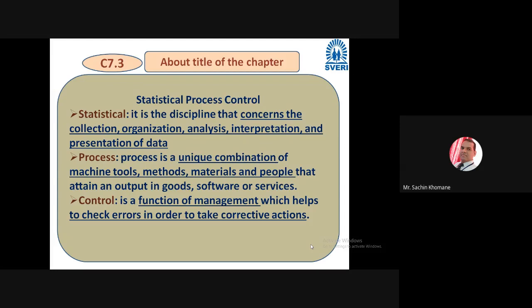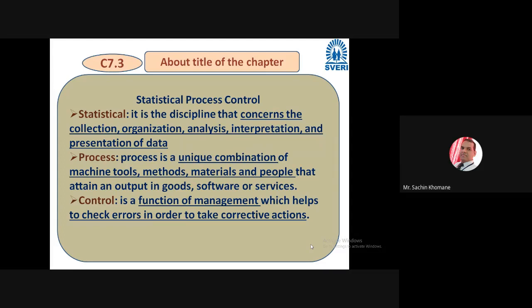Now, what is expected in collection of data in quality department? You have to identify how many products are defective, how many products you have taken for checking its dimensions, how many products are not defective, how many were defective.